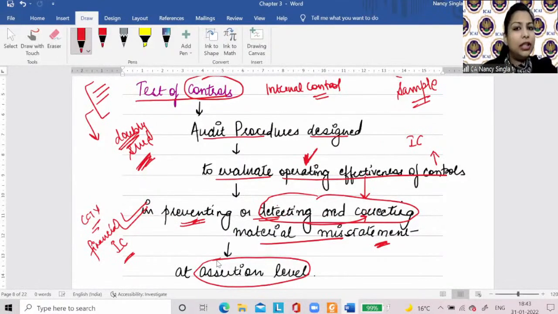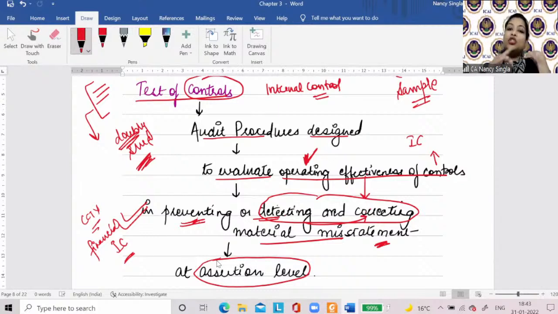Now, if the auditor decides so, should the auditor devote his time and his team towards checking the internal control of the client organization? Quickly, I need answers. The auditor has decided under 315. So students have said no, ma'am.